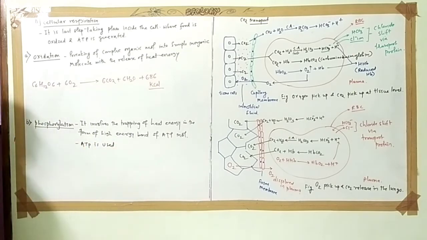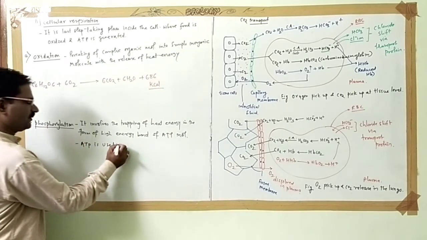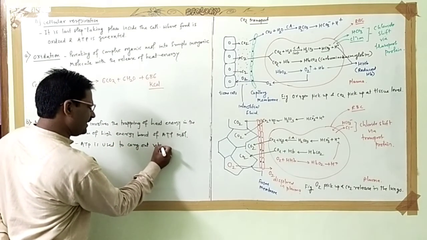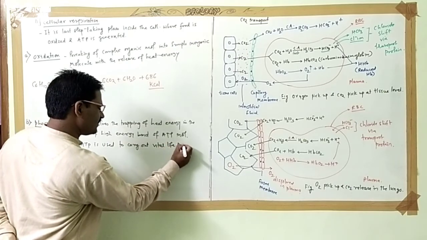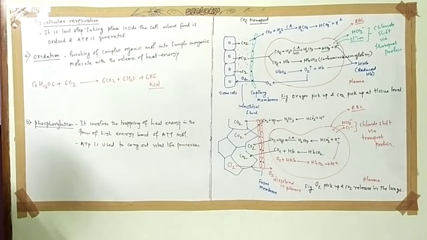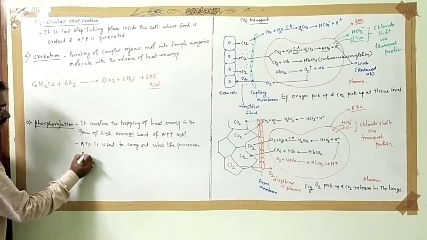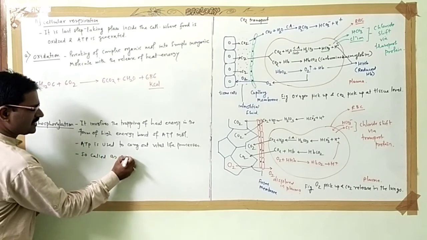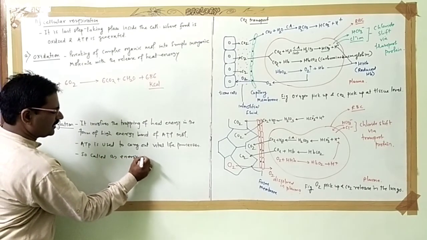ATP is used to carry out vital life processes, and so it is called the energy currency of the cell.